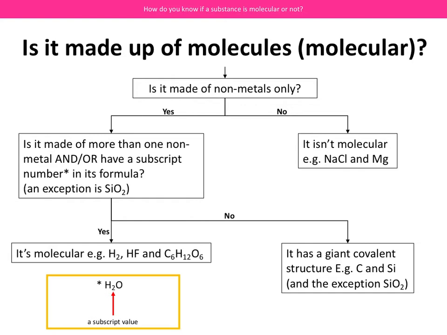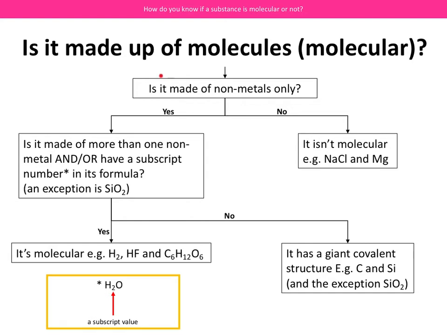What we're trying to answer ultimately is: is the substance made up of molecules, in other words, is it molecular? The very first question we have to ask ourselves, when we look at the formula, is: does it contain non-metals only? So we need to understand where the non-metals are on the periodic table, and where the metals are. You can see how our knowledge is building on top of itself.